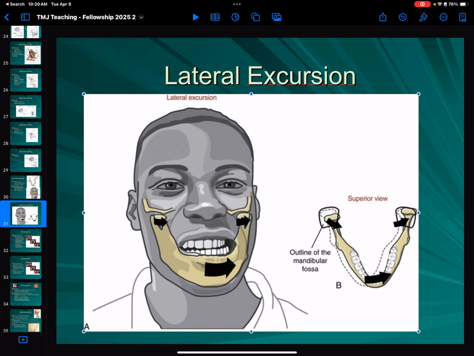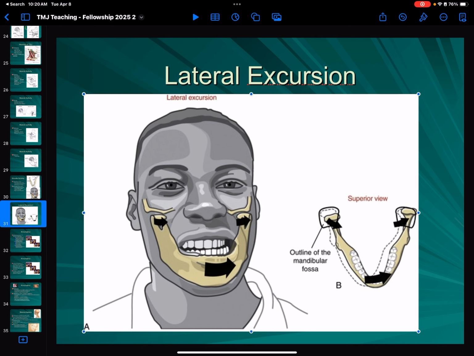So the arthrokinematics of the joint: there are three typical phases. The first phase is the rotational motion. I talked about the inferior and superior joint spaces of the joint.